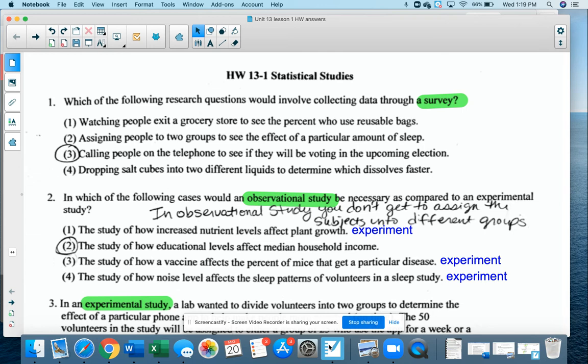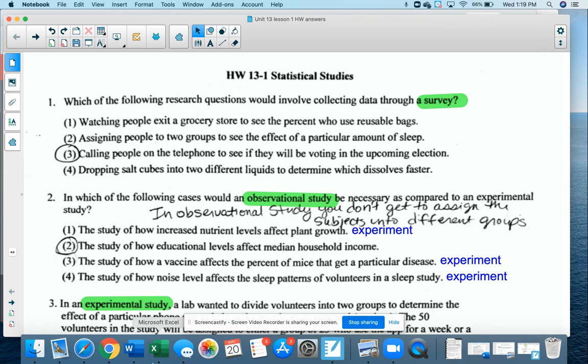So in an experiment, you're actively trying to do something where one group might have something going on, another group might have a different thing going on. And 4, dropping salt cubes into 2 different liquids to determine which dissolves faster. That's another experiment.